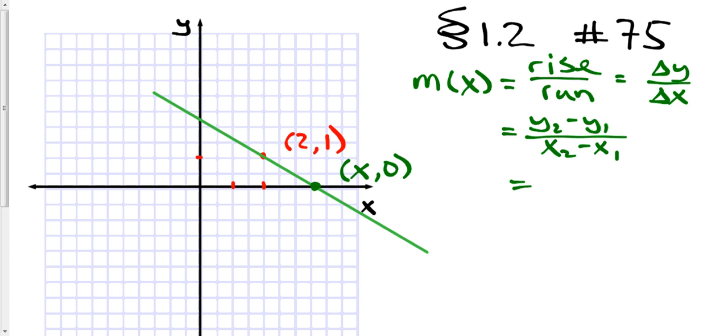So this equals, let's see, x right here, and that makes this 0 right here. And that means this is x2, y2, right? So x2 is my 2, and y2 is my 1. So do we see where I got my m as a function of x? Do we see that?